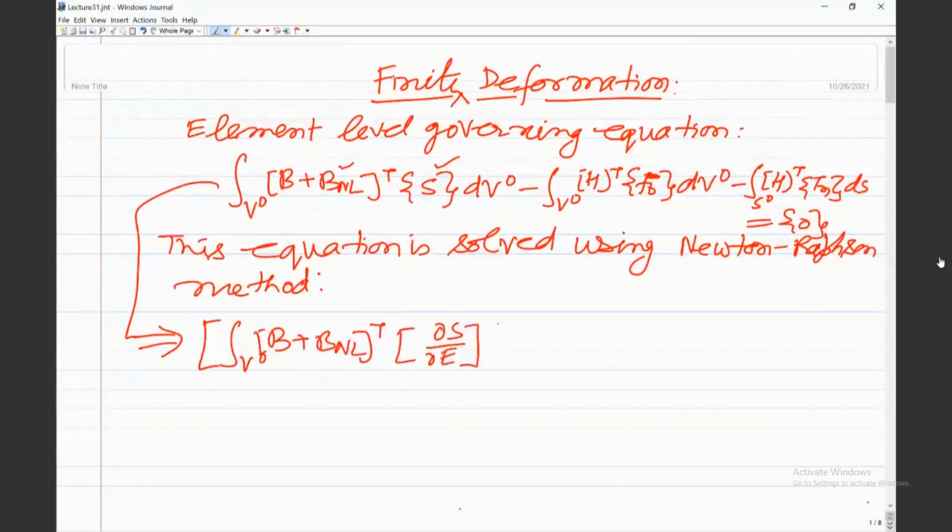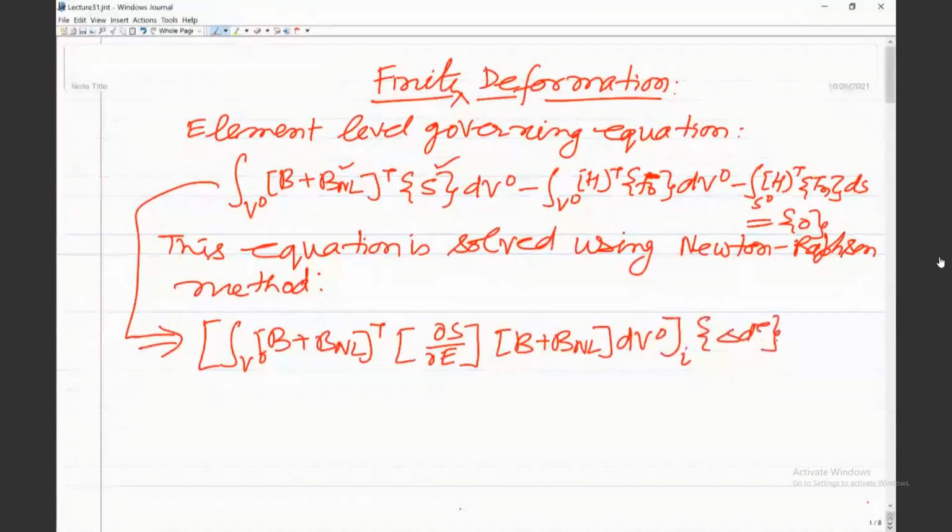This is the constitutive matrix, and then delta E, and delta E is written as B plus BNL into delta DE. So again we get B plus BNL, integrated over the reference volume V naught, evaluated at the previous iteration I, into delta DE I plus 1, which is calculated for the next iteration.